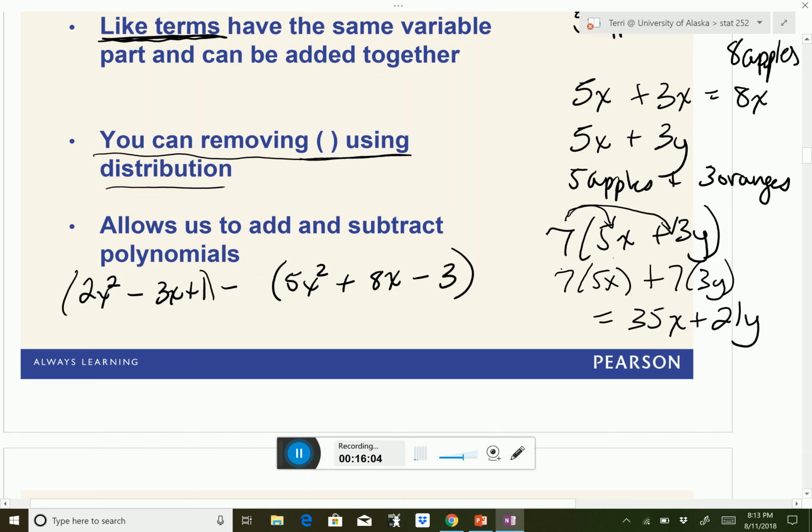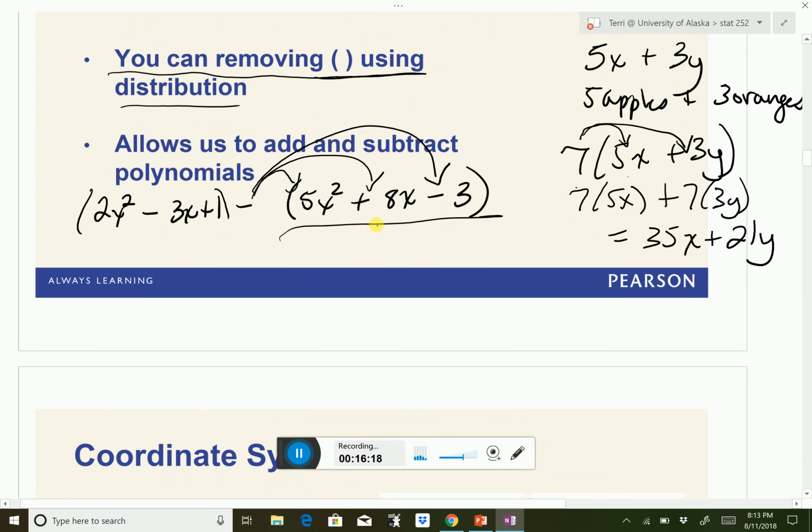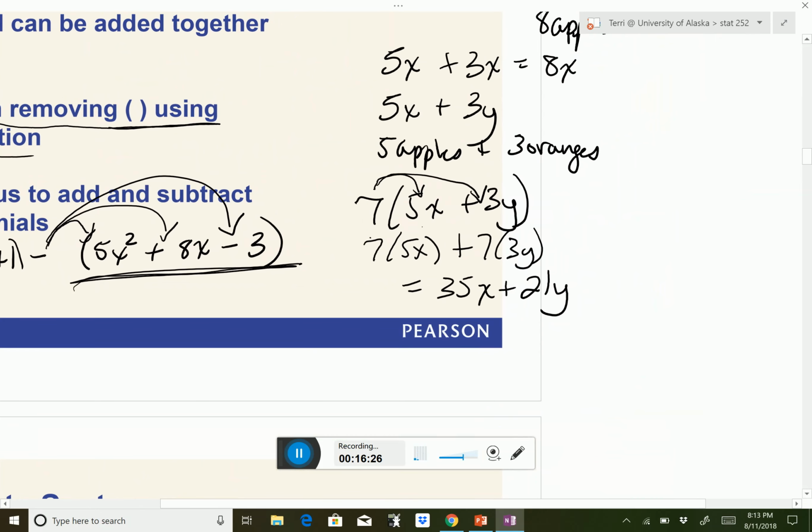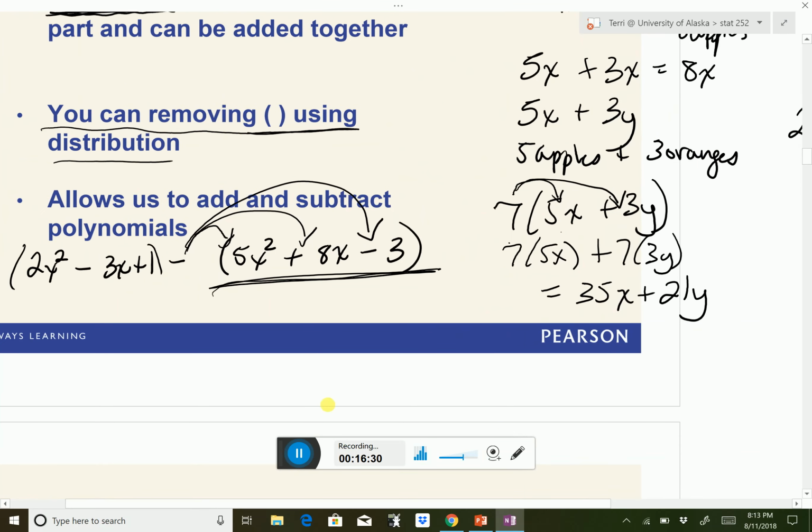One of the biggest mistakes that people make in this class, and even in 221 and a lot of the classes that I've taught, is they forget to distribute this negative all the way through, or they write this without these parentheses right here. But if I want to take these two polynomials and subtract them from each other, my personal opinion is the best way is to write them vertically.